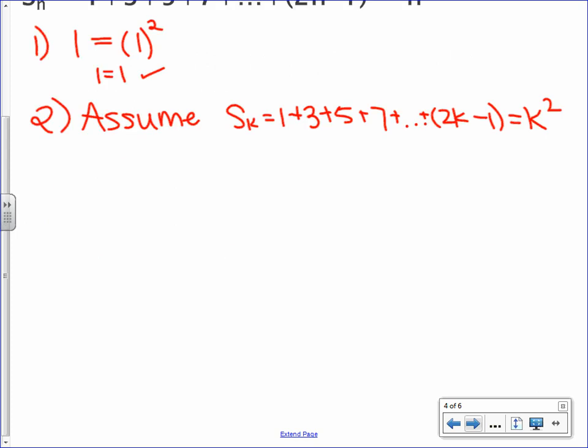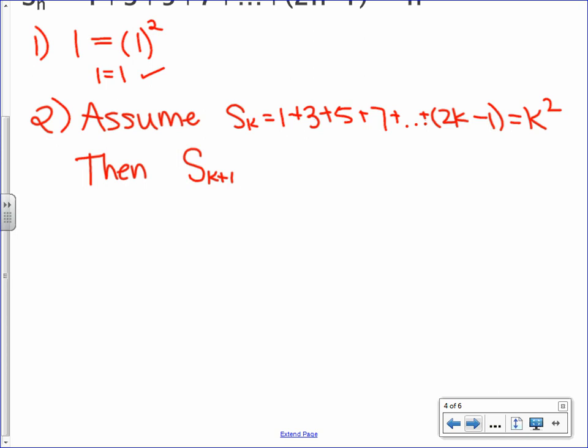All right. Then we will look at the sum of our k plus 1 terms. So this S of k is representing the sum of the first k terms. Now we want to look at the sum of the first k plus 1 terms.